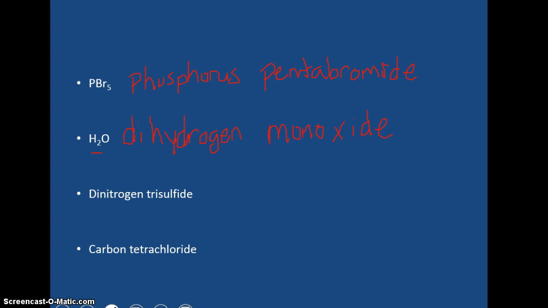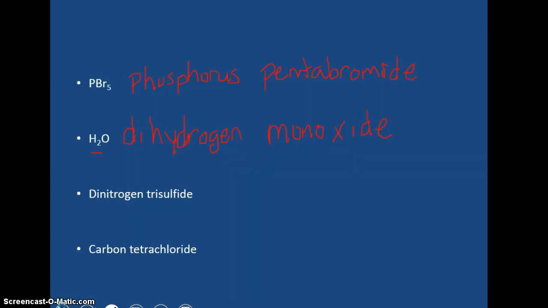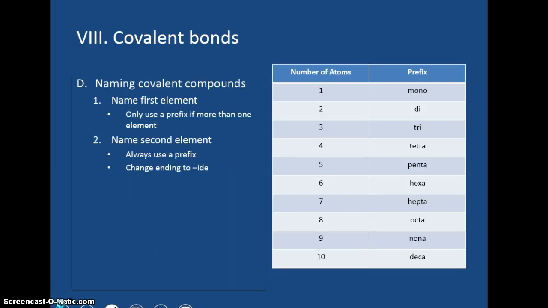Now we're going to try writing the formulas. So we've got dinitrogen trisulfide. So we've got dinitrogen and trisulfide. So we've got nitrogen and sulfide. So nitrogen is here, which will be N. Sulfide will be your sulfur, which is S. Looking at the prefixes, we've got di and tri. So di is 2, tri is 3.